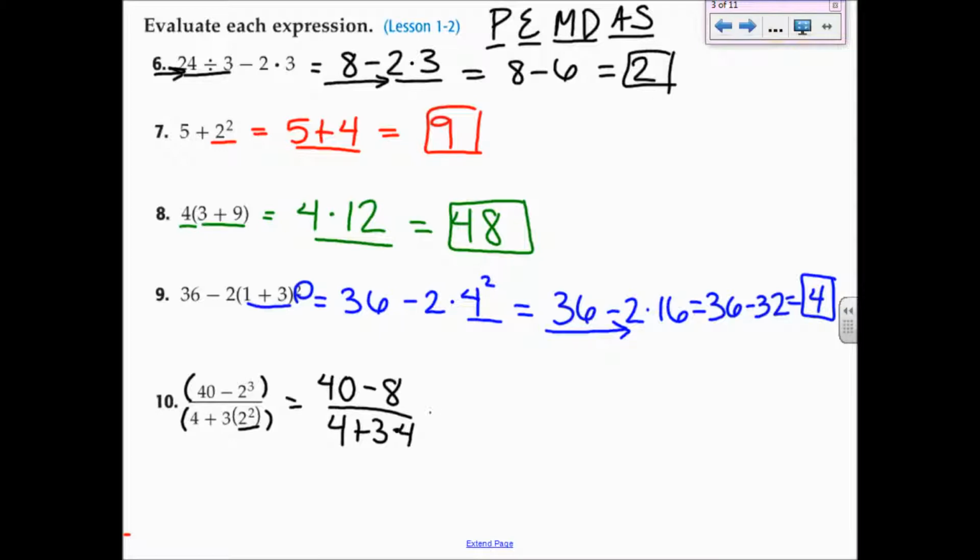And then on top, I don't have any multiplication or division, so I would move on to addition and subtraction. So on top, I would have 40 minus 8 is 32. On bottom, though, I do have multiplication left. So the first one that I run into is 3 times 4, which is 12.